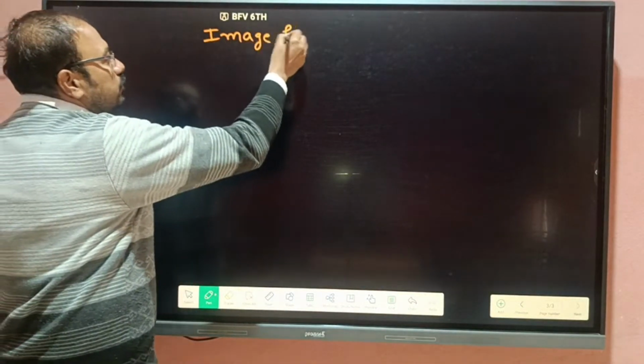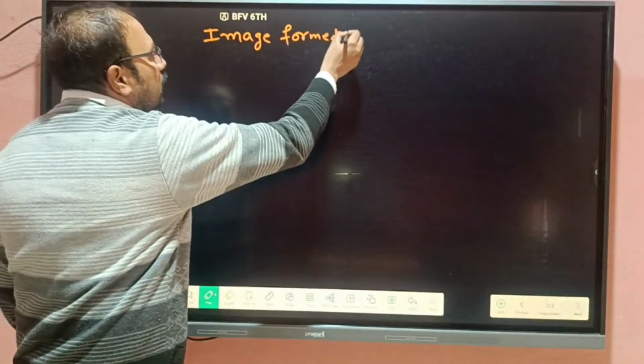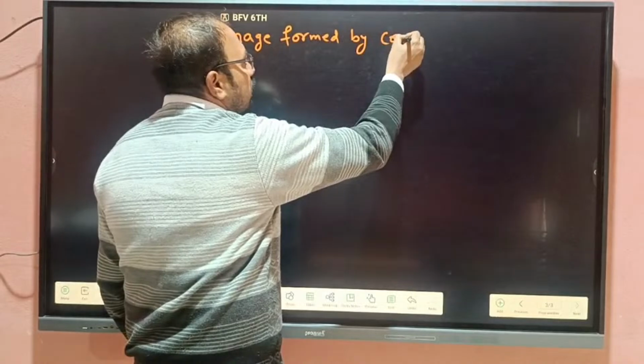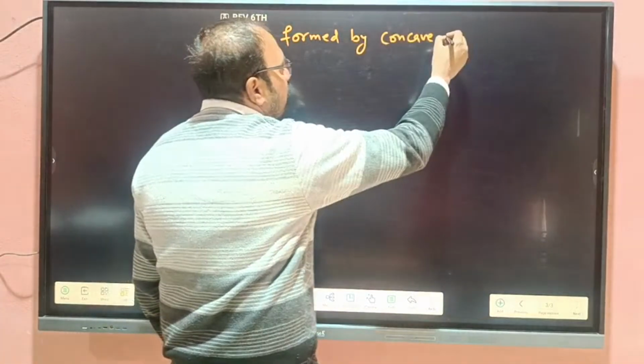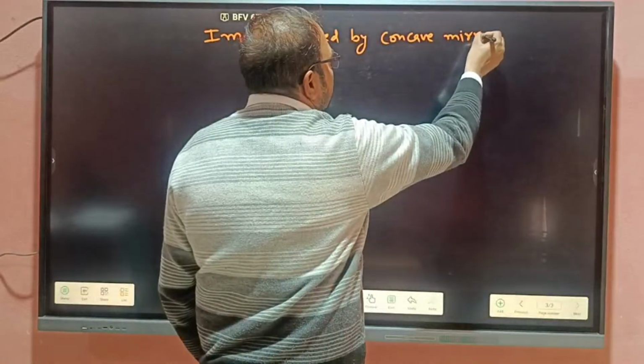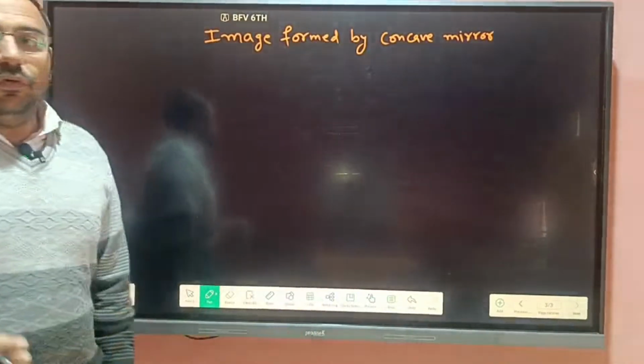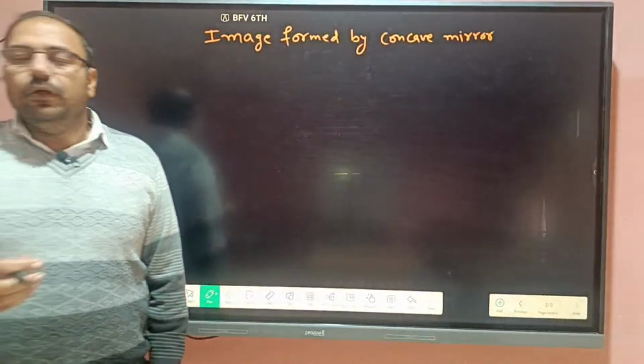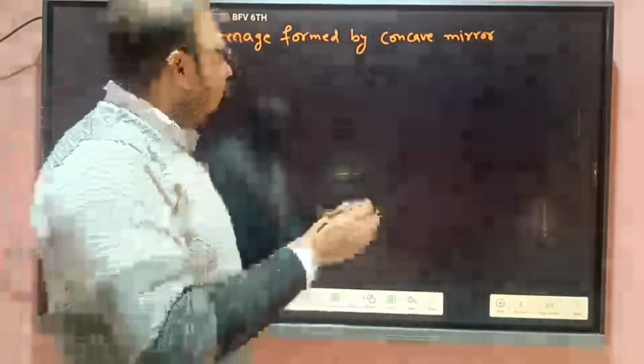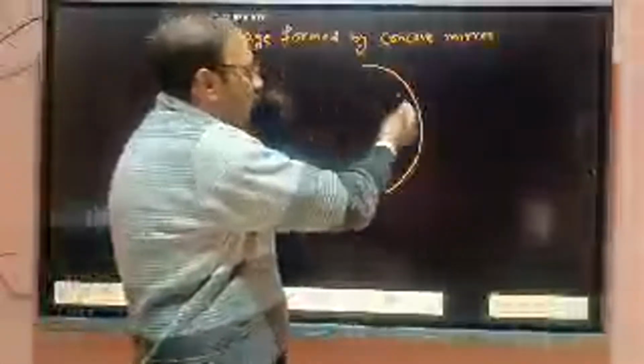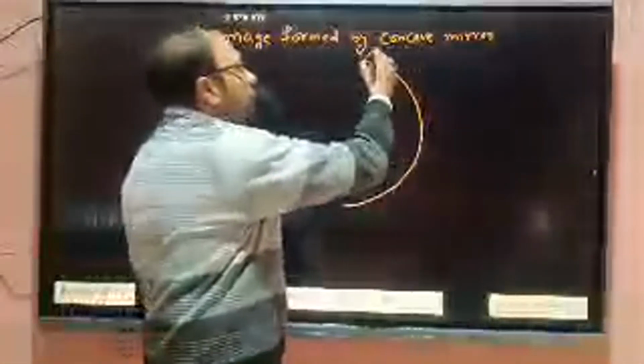Image formed by the concave mirror. First of all we take the example of a concave mirror, and make a diagram of it. This is a concave mirror whose inner surface is reflecting and outer surface is polished.